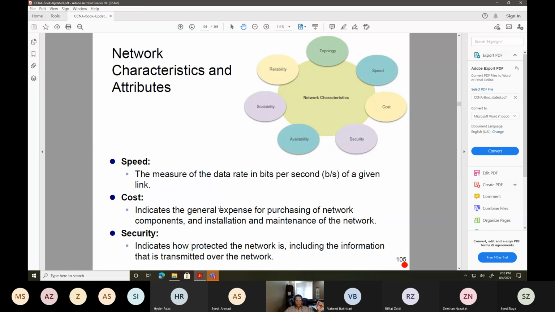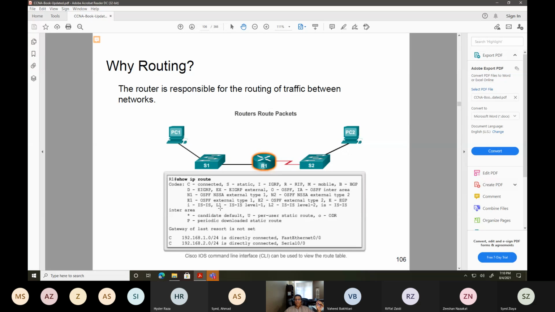So we talked about speed, we talked about security, routing. Routing is the most important thing in any organization you go to. Even if you look at our boxes at home, what do we have in our home? We have a router or a modem, you want to call it. It's basically from Rogers or Bell.